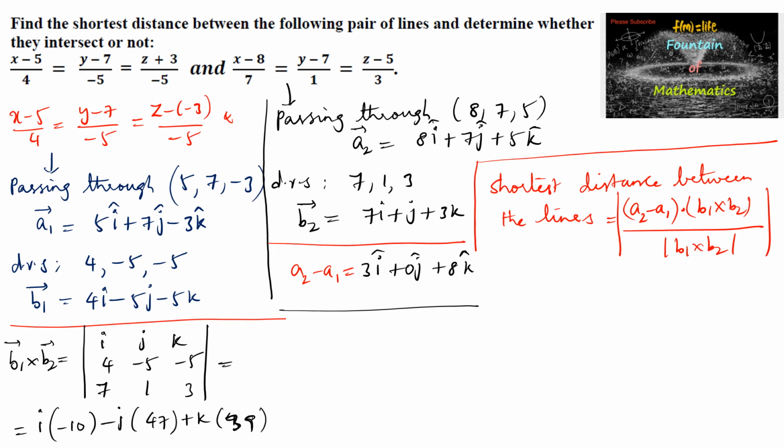So b1 cross b2 vector is minus 10i minus 47j plus 39k.